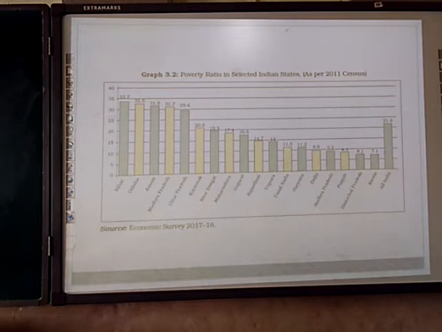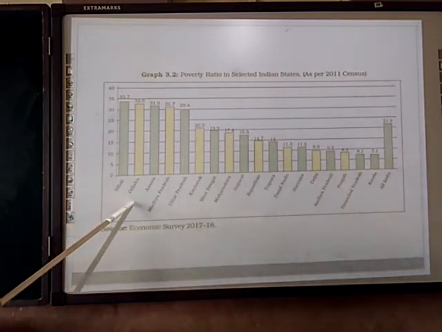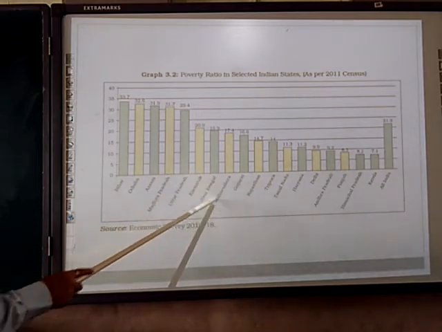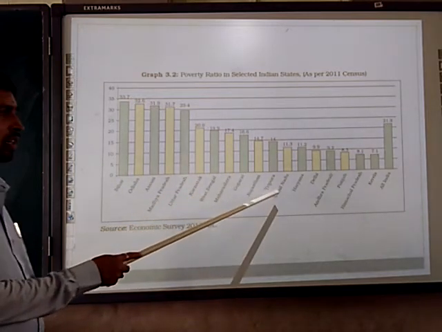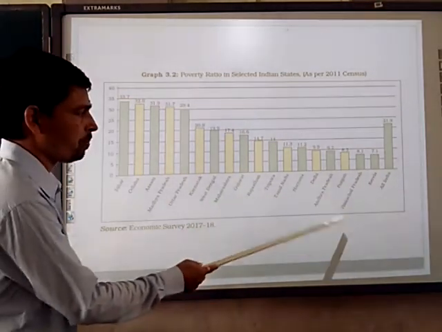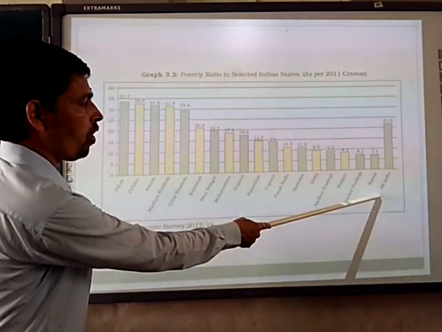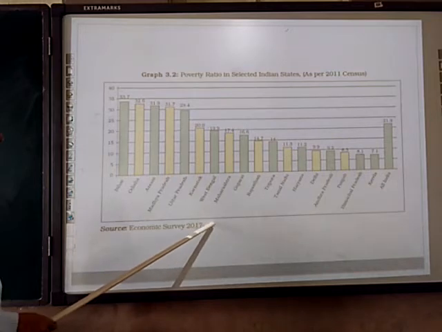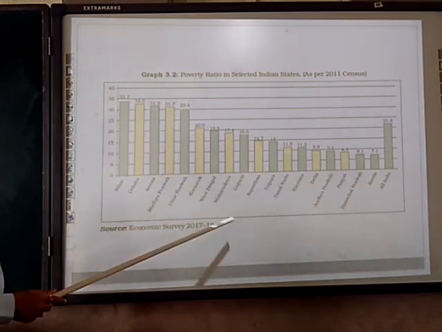Poverty ratio in selected Indian states. Here we are observing Bihar, Odisha, Assam, Madhya Pradesh, Uttar Pradesh, Karnataka, West Bengal, Maharashtra, Gujarat, Rajasthan, Tripura, Tamil Nadu, Haryana, Delhi, Andhra Pradesh, Punjab, Himachal Pradesh, Kerala, and all India last. This is from the Economic Survey of 2017-18, and the graph is placed in the textbook.